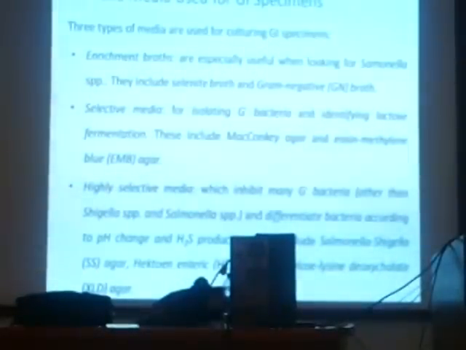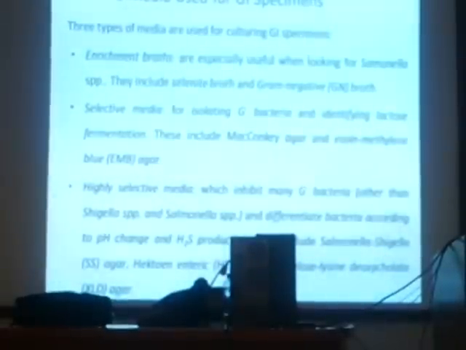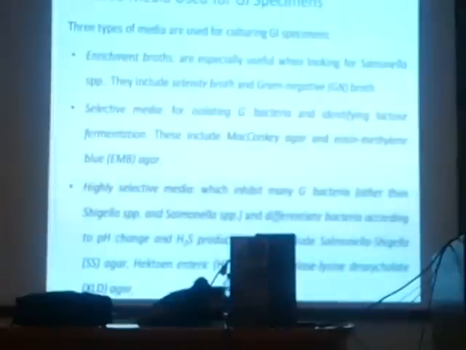Among the enterobacteria, we are most interested in Shigella and Salmonella. So highly selective media are more selective than selective media. They select against many gram-negative bacteria also. Do you understand? So they allow only a narrow variety of microbes to grow.